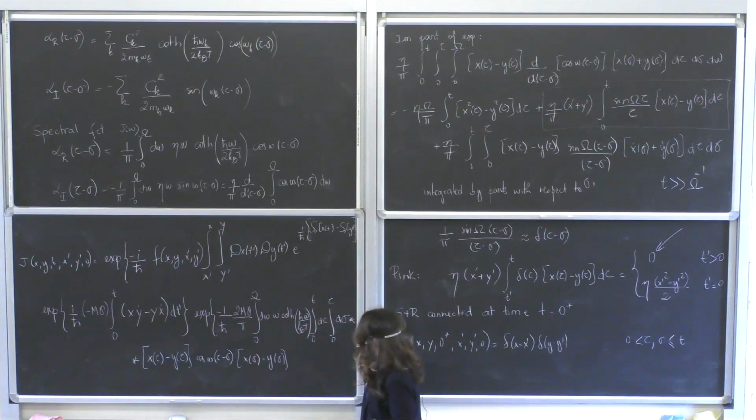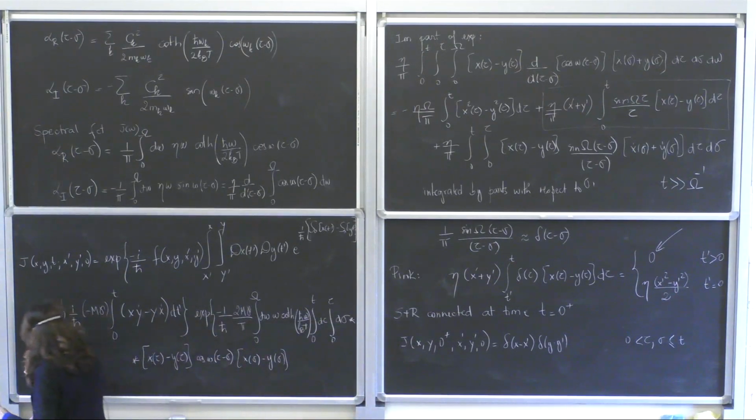And that's it, where I have defined that gamma is eta over 2 times the mass.